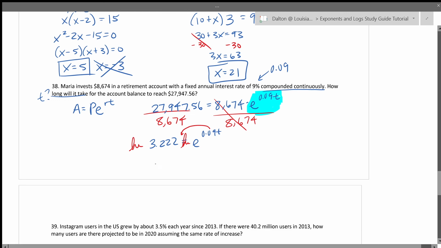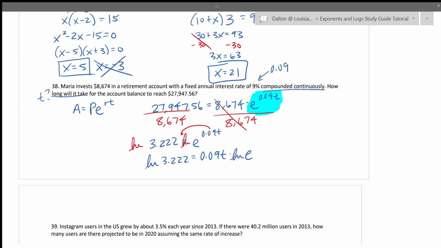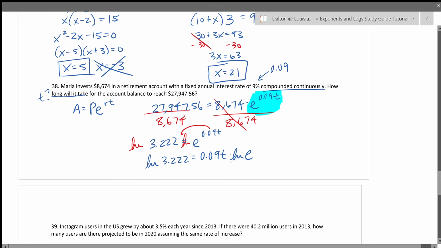So then I have the natural log of 3.222 equals, my exponent drops in front. So it'll be 0.09t times the natural log of e. Well, again, anytime you see the natural log of e, and that's the reason we use natural log, it's equal to 1. So then to isolate t, it's just being multiplied by 0.09, so I can divide both sides by 0.09.